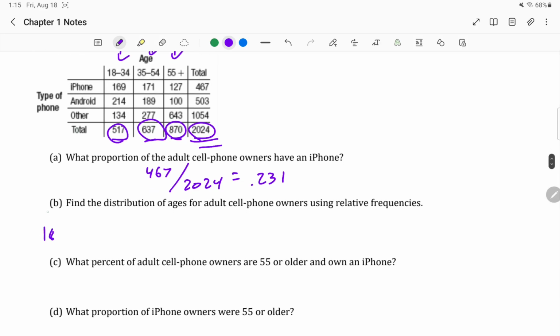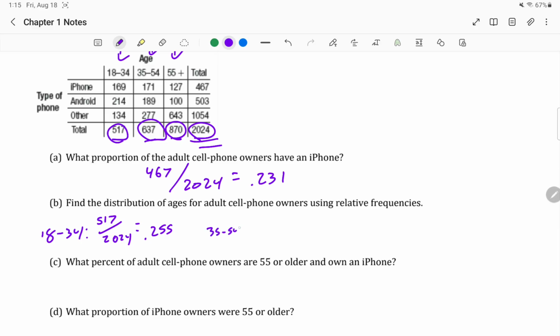So for 18 to 34-year-olds, I'm going to take the total of the 18 to 34-year-olds, it's 517, over the table total, right? So the proportion is 0.255. The proportion of 18 to 34-year-olds in this study for adult cell phone users was 0.255.